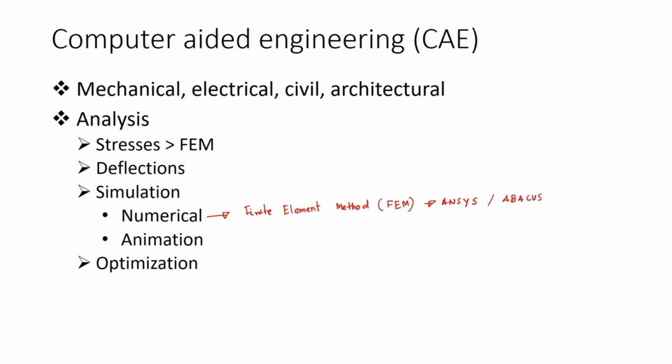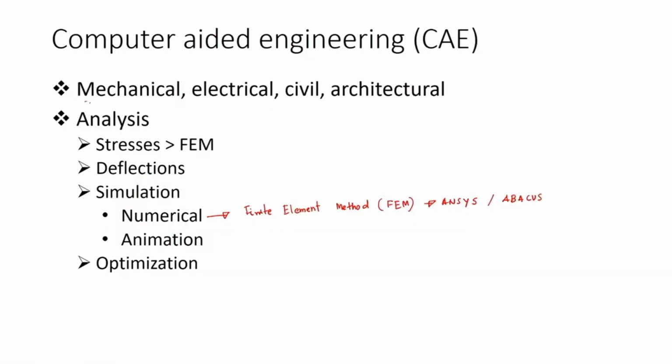In addition to this, if the product or the system has fluid, there is a lot of fluid analysis based software also available, such as Fluent or Gambit. When we carry out the analysis of products by using software, that is called computer aided engineering or computer aided analysis.